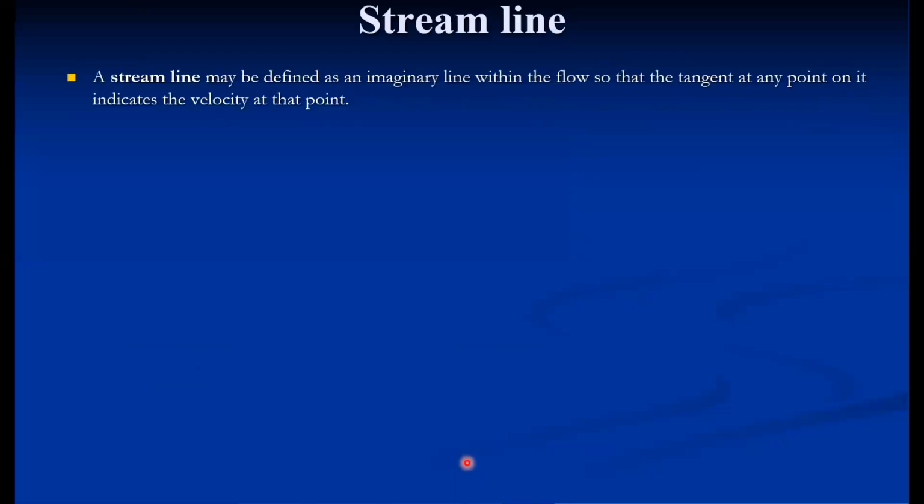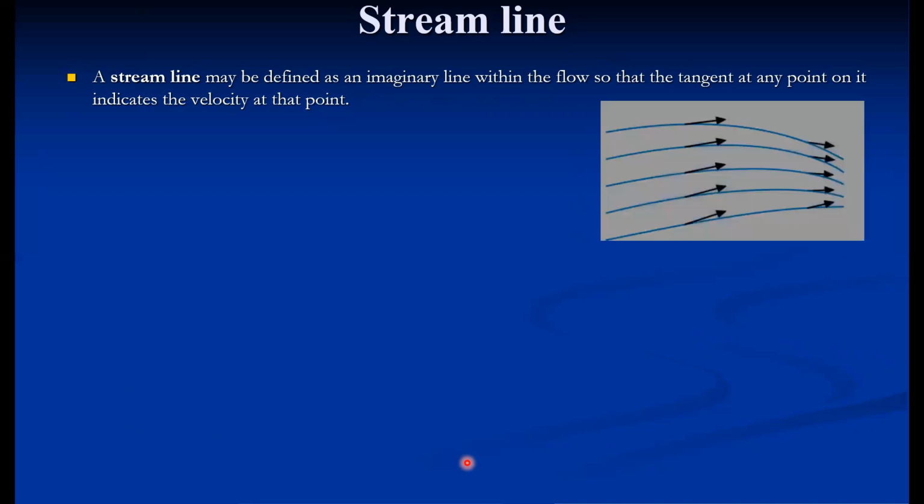Streamlines are imaginary lines which can be drawn within the flow so that the tangent to them at any point indicates the velocity at that particular point. So in any flow description, if we draw imaginary lines, the tangent at any point gives the velocity at that point.